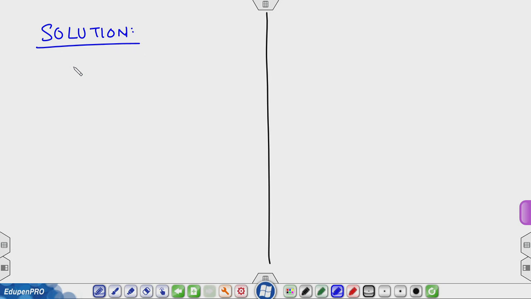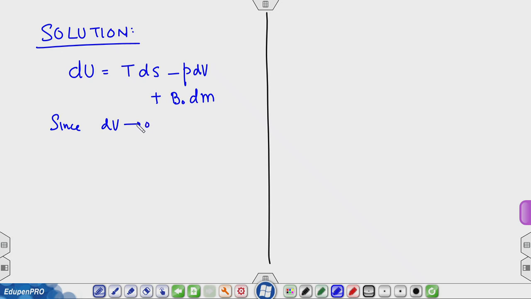So, remember, what is the change in the internal energy? This is equal to T ds minus P dV plus the magnetic work done on the system, which is going to be B 0, because we are taking B 0 and B to be the same, d, the magnetic moment. And we have already said that dV goes to 0, and therefore, we can write du equals T ds plus B 0 dm.